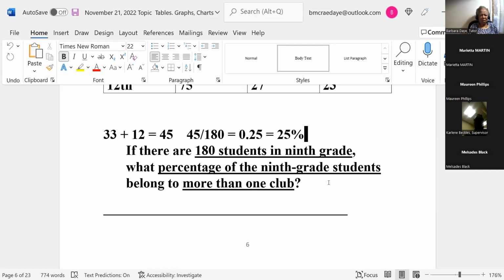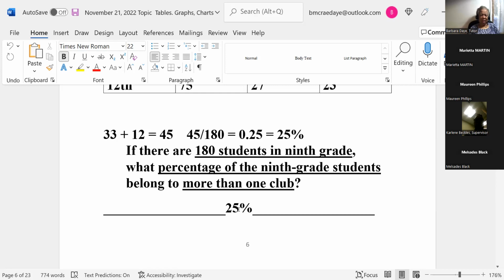Yes, Miss Rocha, I got 1/4. What did you get, Mercedes? I get 1/4, which is 25. That's right. If you simplify that, 4 times 45 is 180, so 0.25 is 25%. It's a quarter.